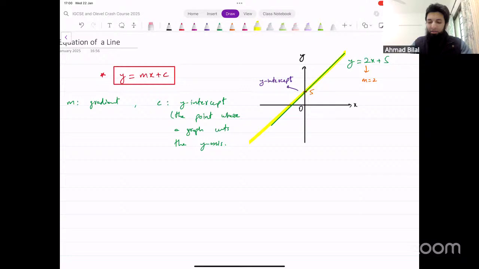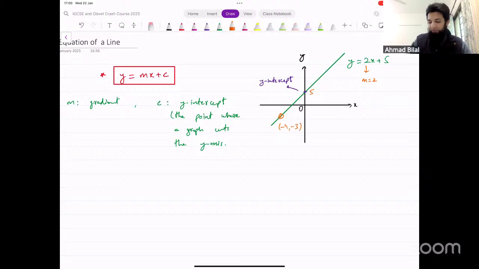So, for instance, if you have a random point here, and it has coordinates, let's say negative 4 and negative 3.